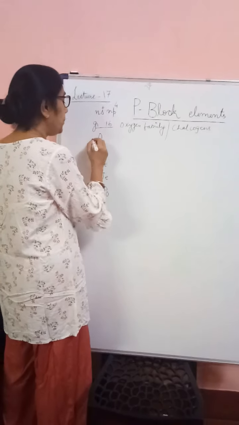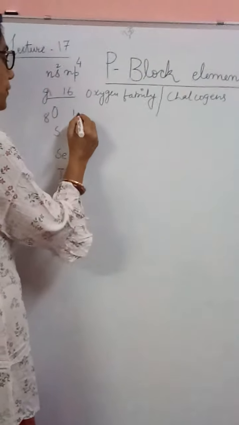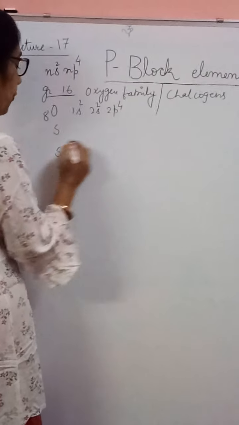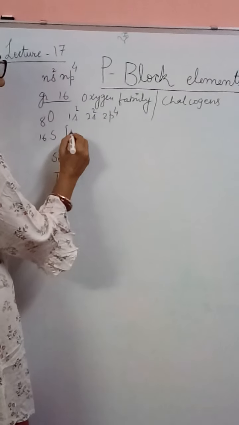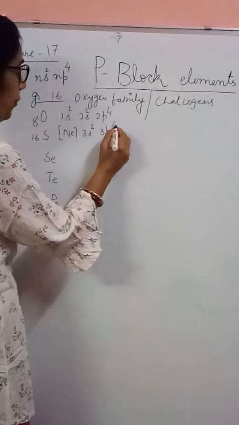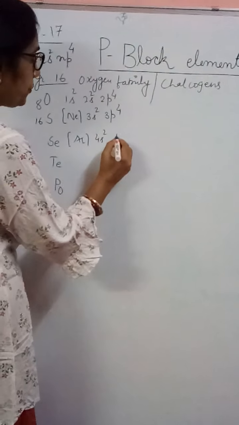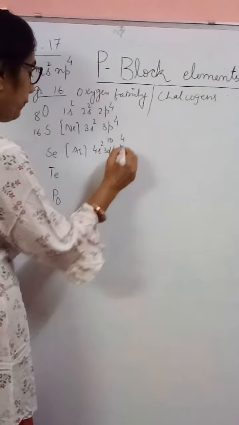That means their valence electron is 6. Let's see an example. Oxygen's atomic number is 8, so the configuration is 1s2, 2s2, 2p4. As we go ahead, sulfur is 16: neon 3s2, 3p4. Then selenium will be argon 4s2, 3d10, 4p4.